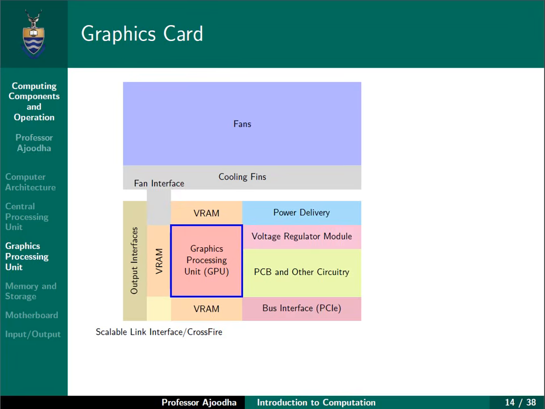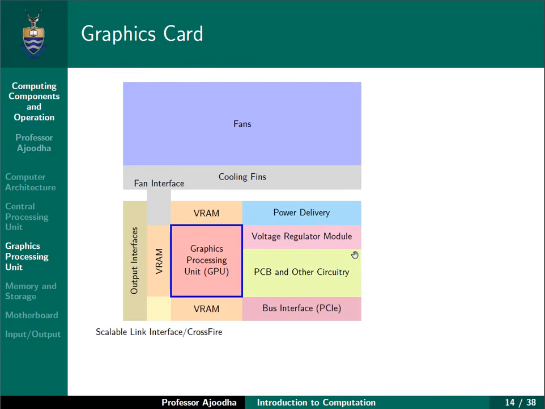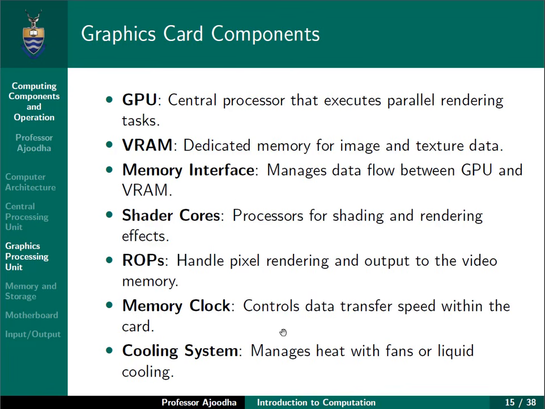Okay, so here are the components of the graphics card, just for you to learn about, and it's the stuff that's important about the GPU. Let's talk about it a bit more.